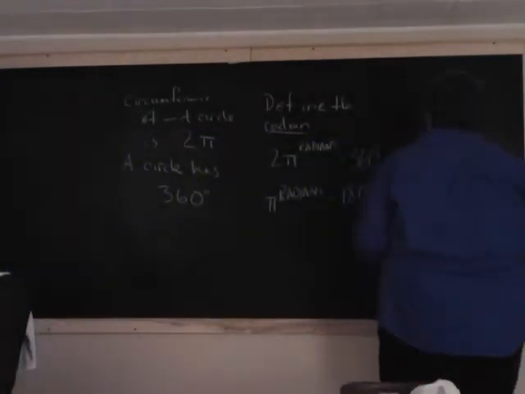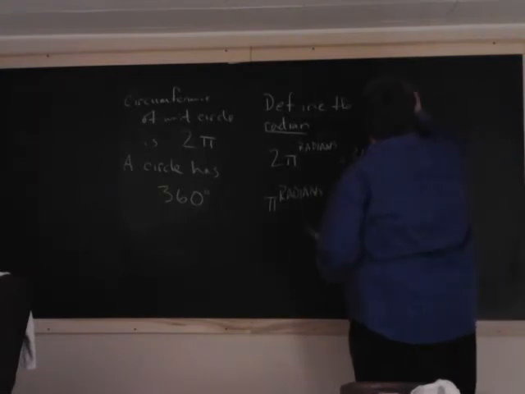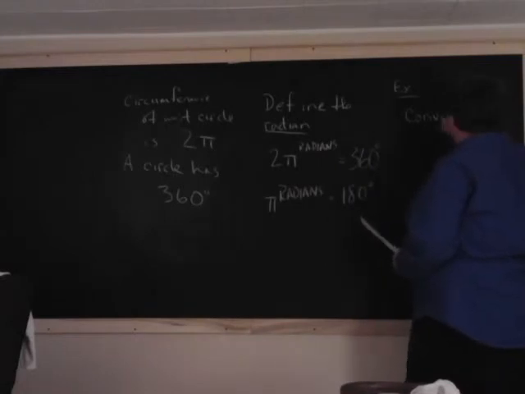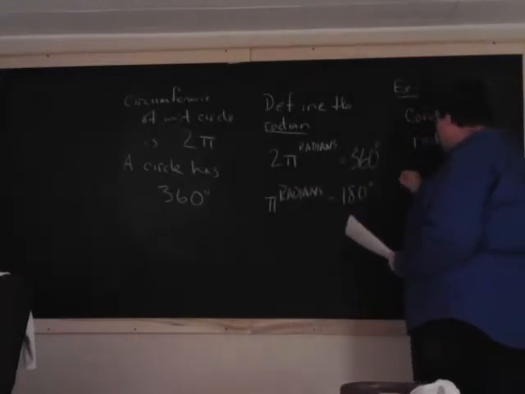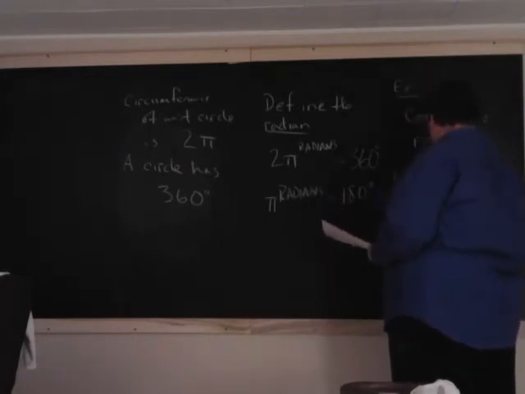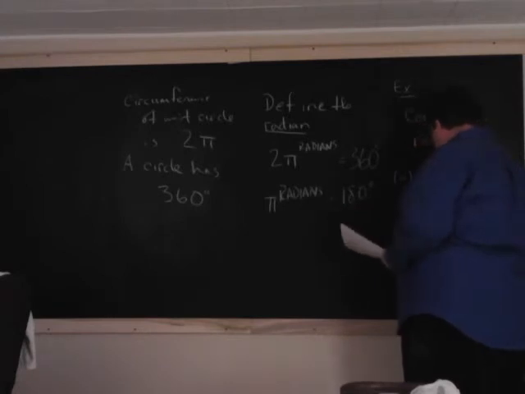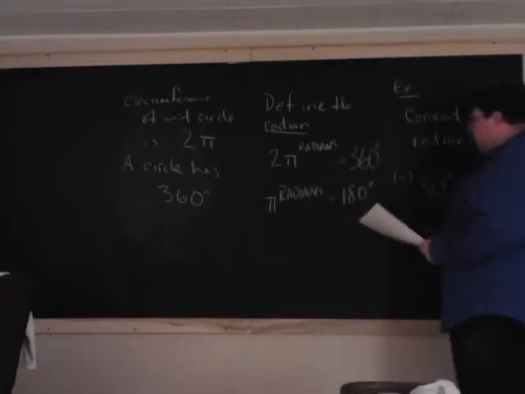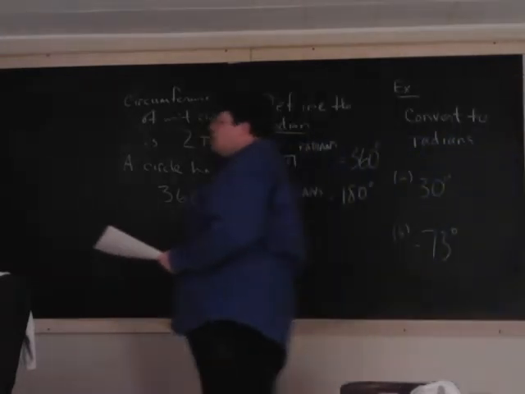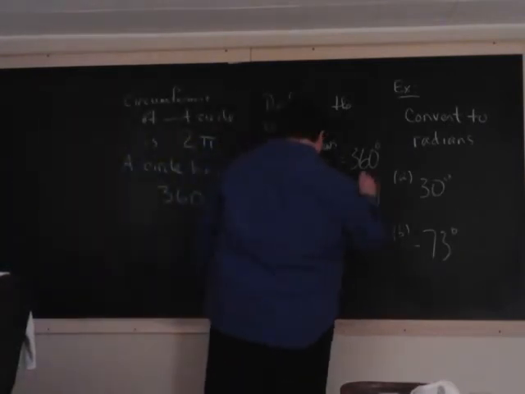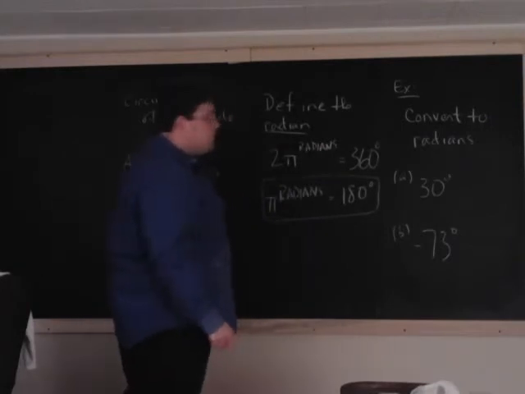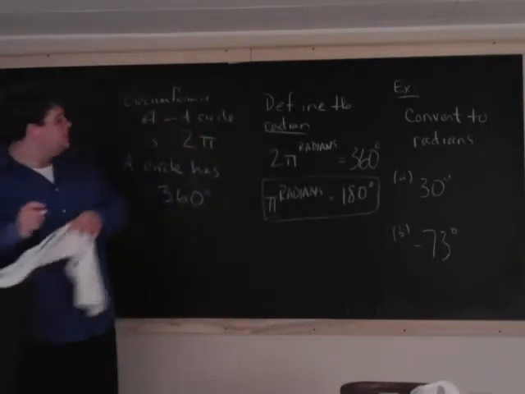Example. Convert to radians. We'll do 2 parts. Let's do 30 degrees, and let's do negative 73 degrees. That's a good number. Let's do it over here. Well, all we need is this relation. And we can use division to our advantage.